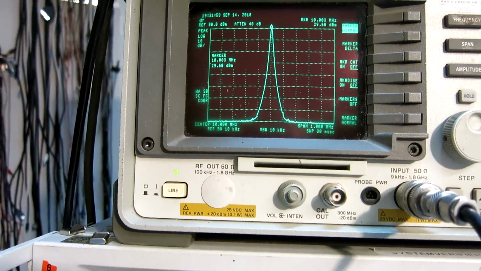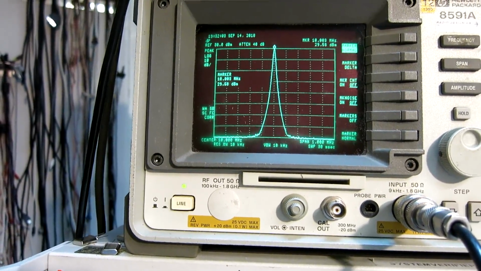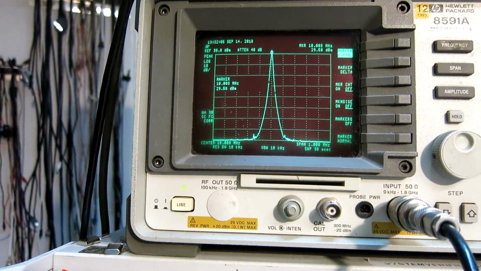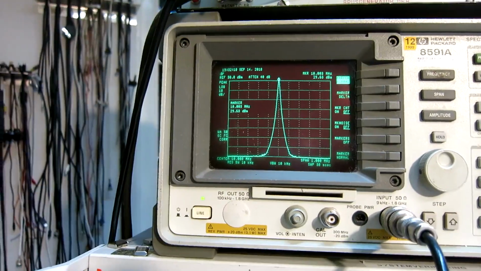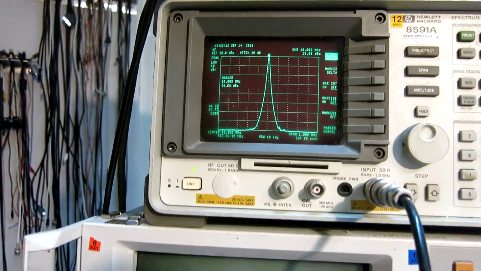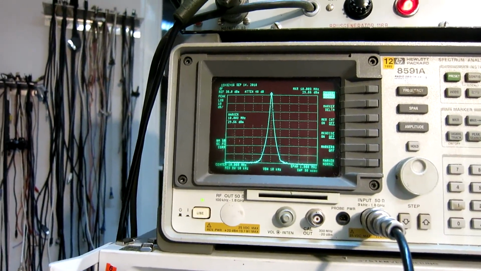That means 35.5. That's 3 watts or something. Maybe I'm putting the attenuator at risk now. That could explain why the noise went so much higher.